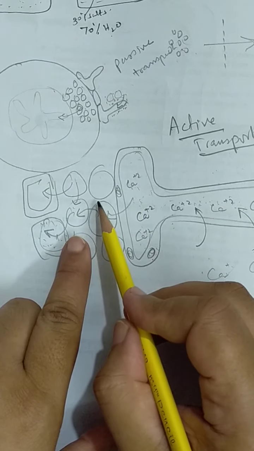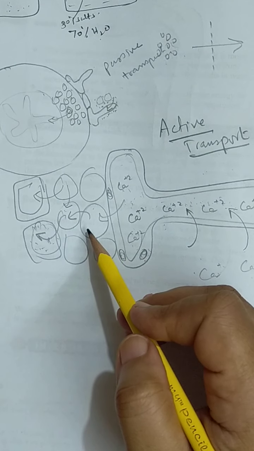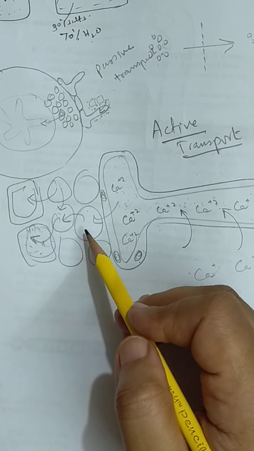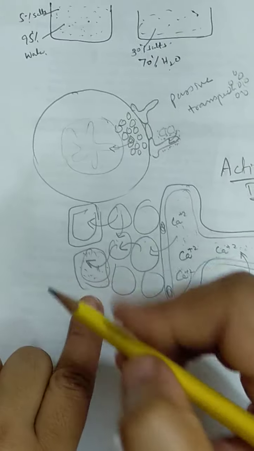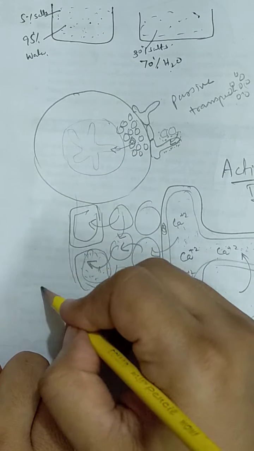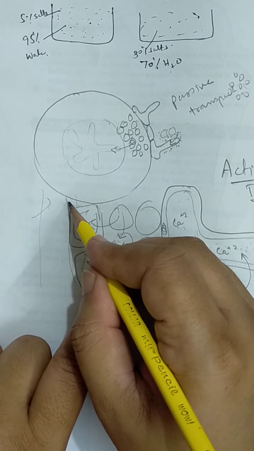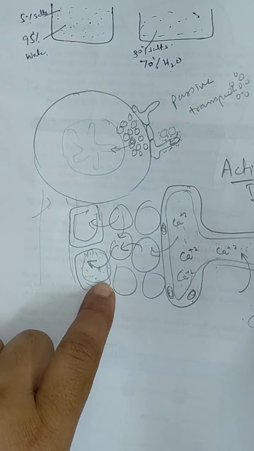But this concept is not enough to explain the uptake of water in the plant. Through root pressure, water can move only a few inches in the xylem vessels, not enough to reach trees many meters high.